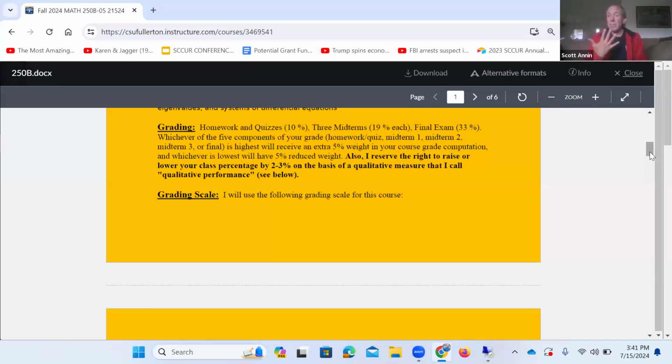Now, of those 5 components of your grade, I'm going to upweight whichever of those 5 parts is your personal highest scoring part and make it count an extra 5% weight in this grade calculation. And while I do that, I'm going to take that 5% away from whichever of these components is your weakest of the parts of your grade.